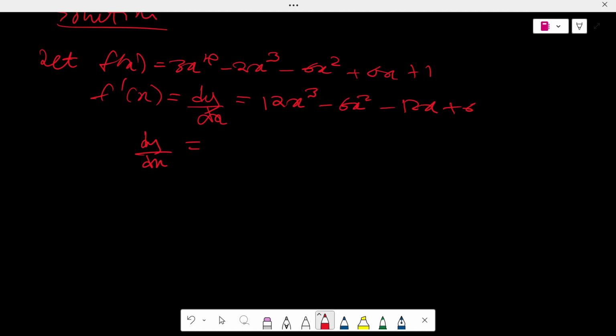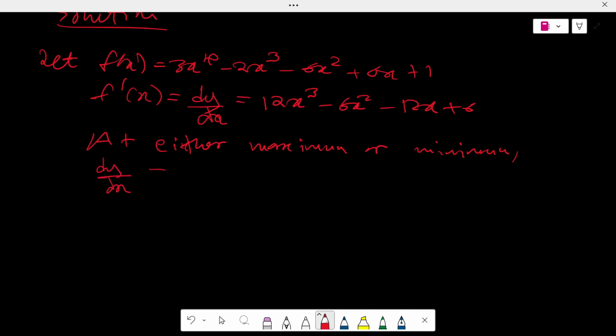So this is you presenting the work. Now what you can say is at maximum or minimum, dy dx is equal to 0.